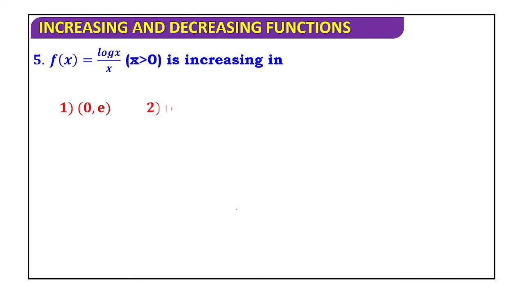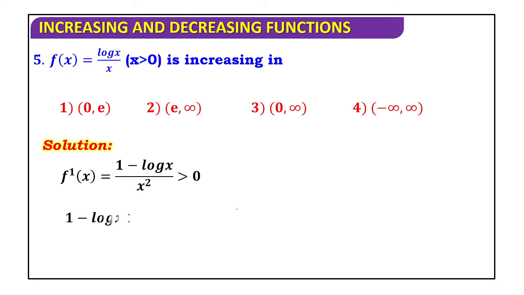Whenever we have a rational function, you just differentiate it. By differentiating it, you can just see here f dash of x is 1 minus log x divided by x square. You just differentiate it by the u by v rule.